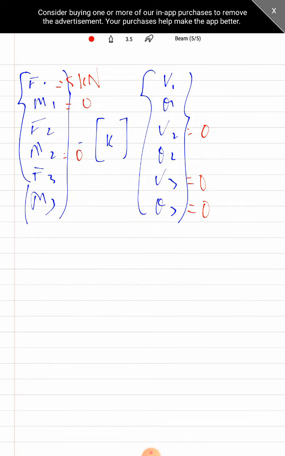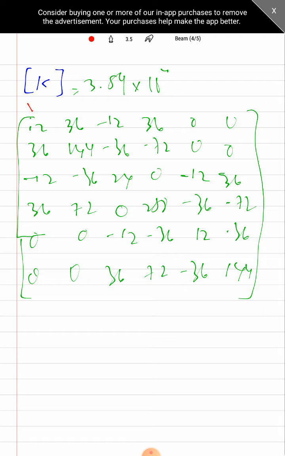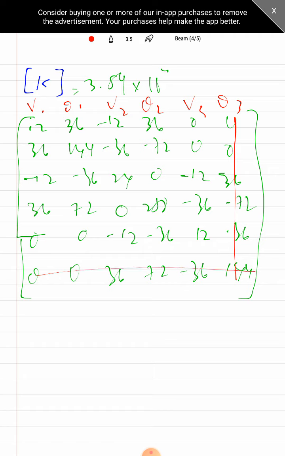Alright, so let us strike out what is 0. Again, this is v1, theta 1, v2, theta 2, v3, theta 3. Your theta 3 is 0, so we can strike it out. v3 also 0, we can strike this out. v2 also 0.